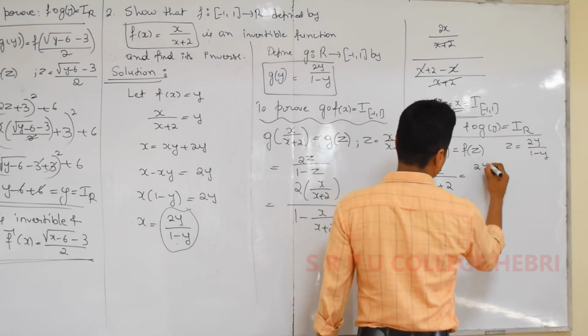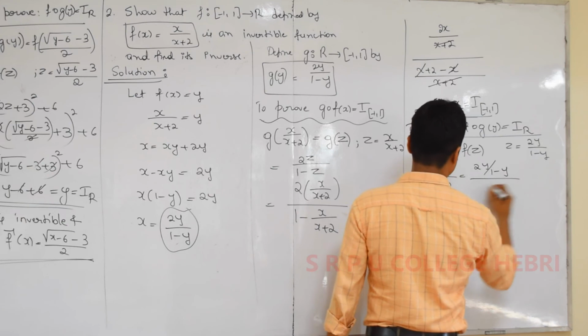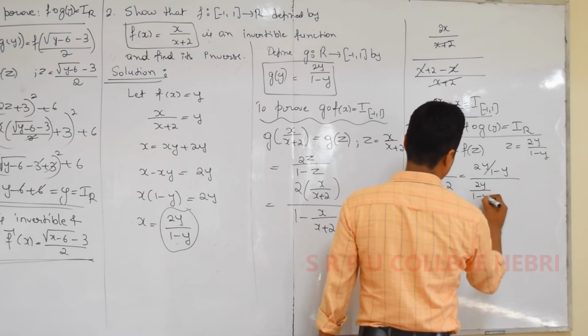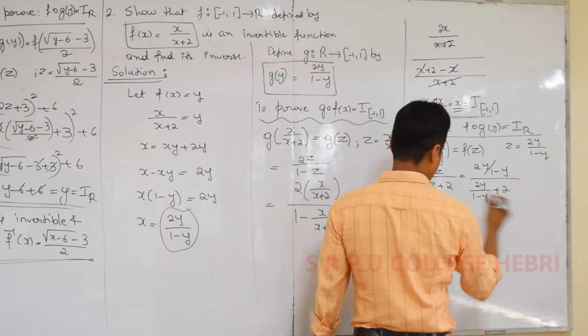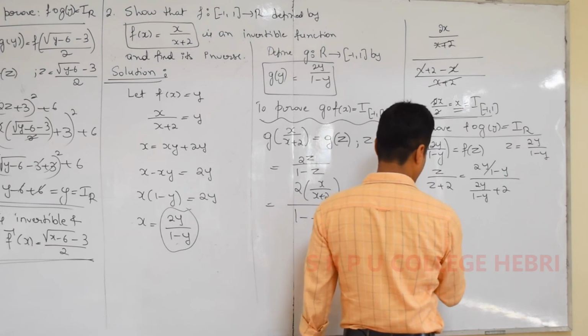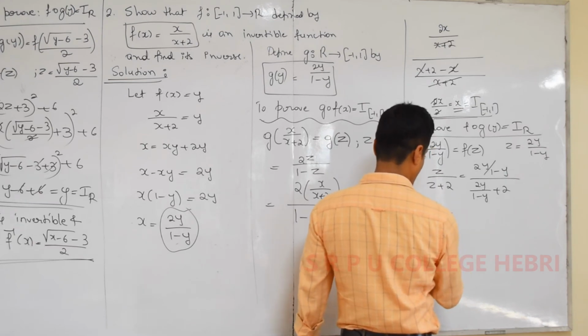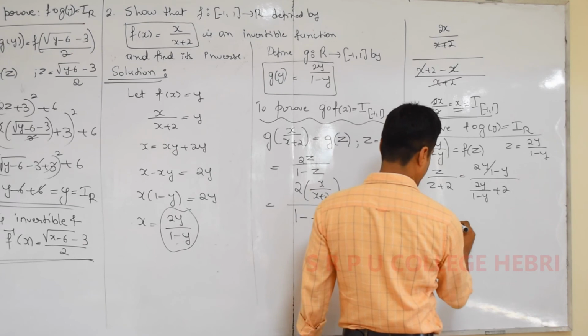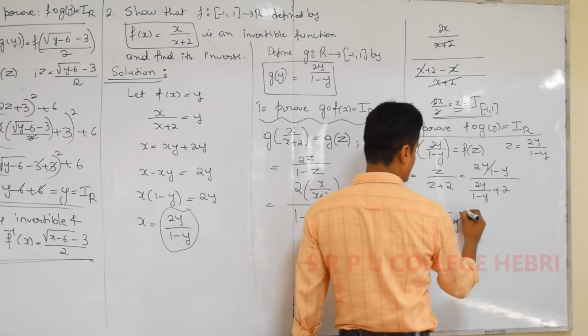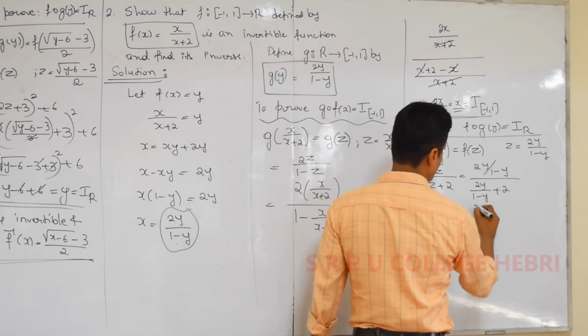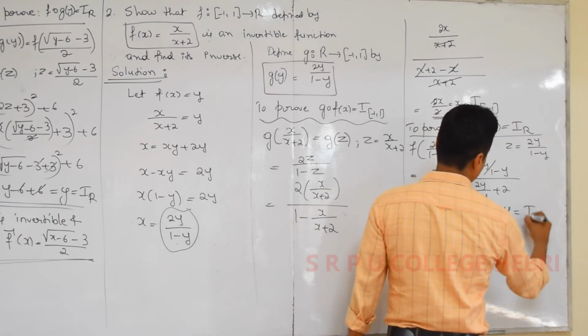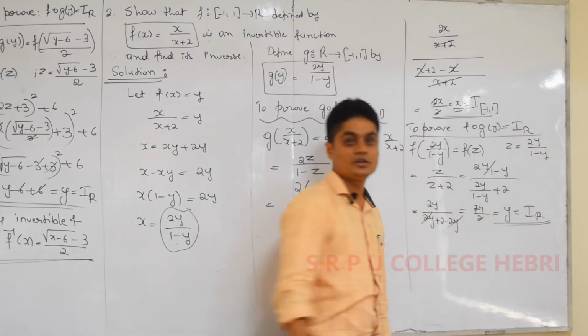That is 2y by 1 minus y divided by 2y by 1 minus y plus 2. Again take LCM. You will get 2y by 2y plus 2 minus 2y. So cancel. So what remains is 2y by 2, cancel, giving y. So it is the identity function of codomain.